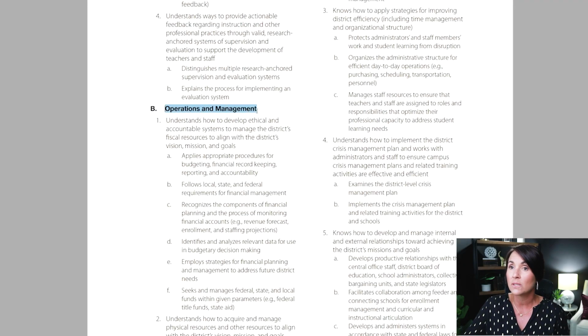So professional capacity is really, really important there, and how to motivate your personnel. Operations management, oh my gosh, as a superintendent, you've got baseball fields all over the place, football fields, soccer fields, theaters. You have all kinds of public spaces that you're overseeing. So this is a big one here. Really important. It's a huge job.